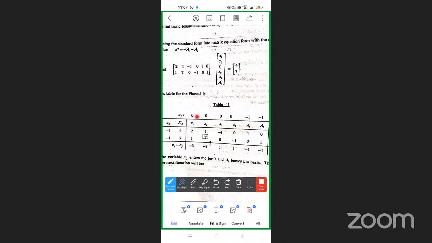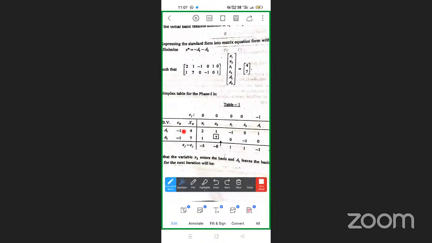In table 1, phase 1, the Cj values are all zeros except the artificial variables, whose coefficients are minus 1, minus 1. XB is equal to 4, 7. Next, the same matrix: 2, 1, minus 1, 0, 1 for the first row, and the second row likewise.